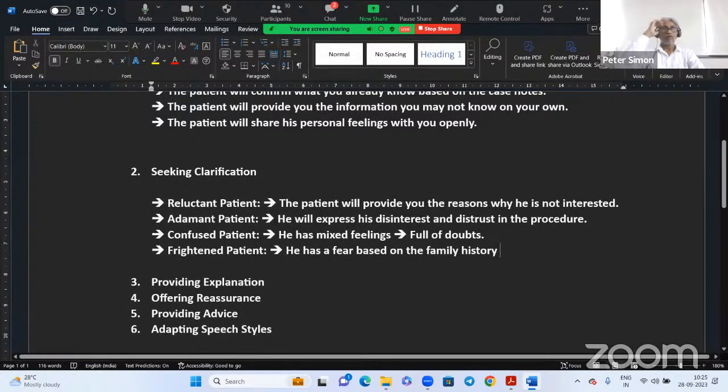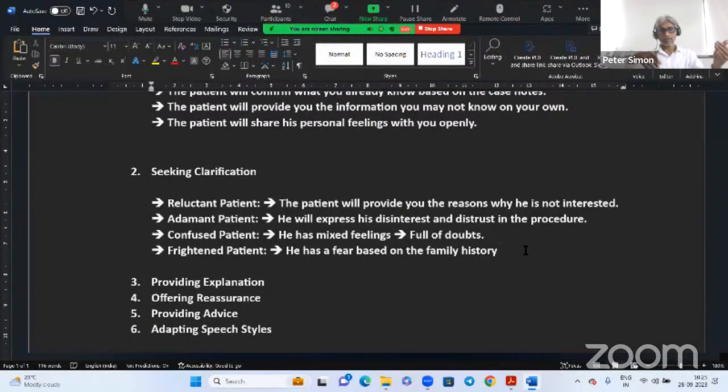So first of all, you should know whether he's a reluctant patient or an adamant patient or a confused patient or a frightened patient. Based on that, you will respond. So first find out why he does not want, why he is frightened.